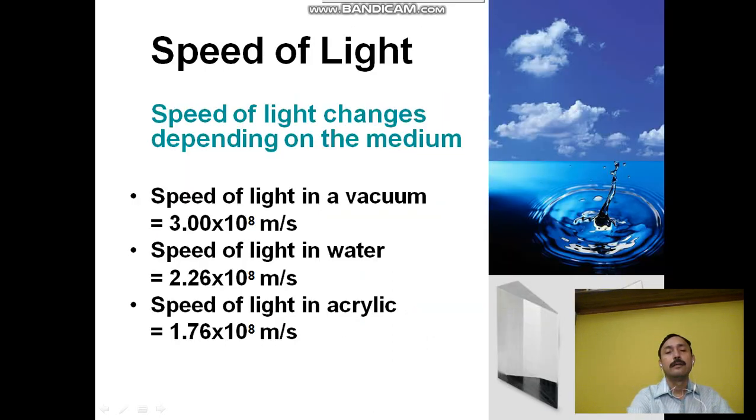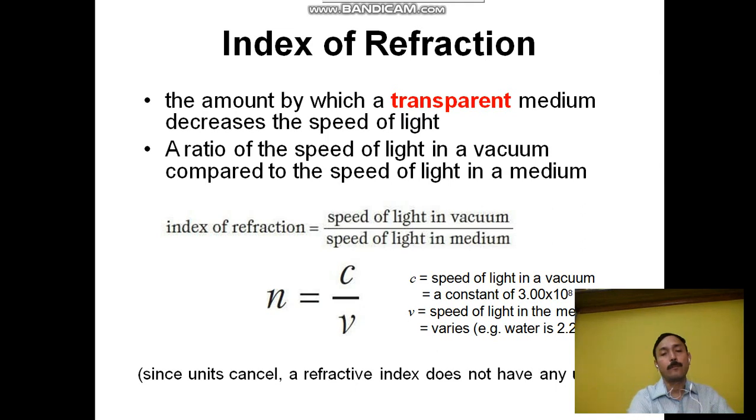For acrylic it is 1.76 into 10 to the power 8 meter per second. Both are velocities, meter per second, so units will cancel out. So refractive index does not have any units.